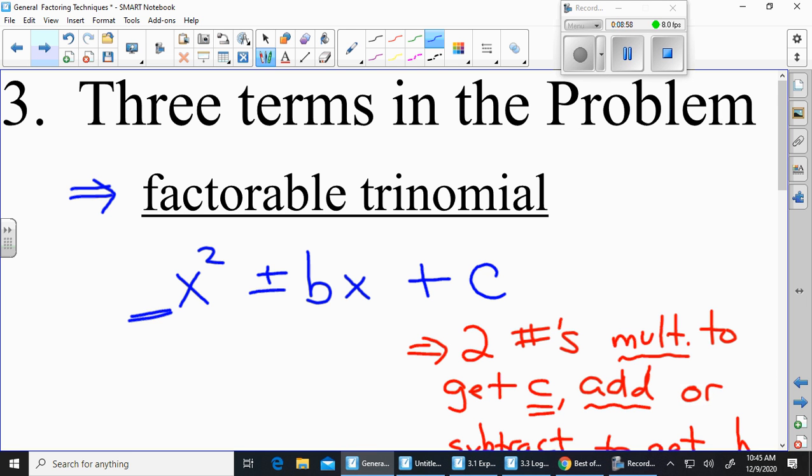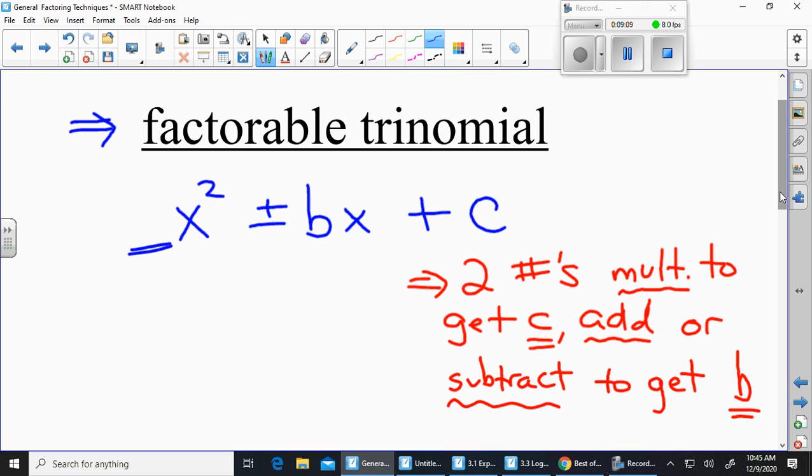When there's not an A, I'm always looking for 2 numbers that multiply to give me C and add or subtract to give me B. Now, is it adding or subtracting? Because this could be adding or subtracting also. If C is plus, you're adding. If C is minus, you're subtracting. And then you have your sign rules.